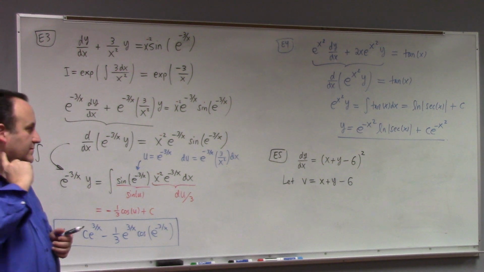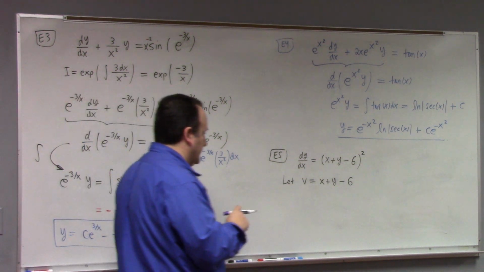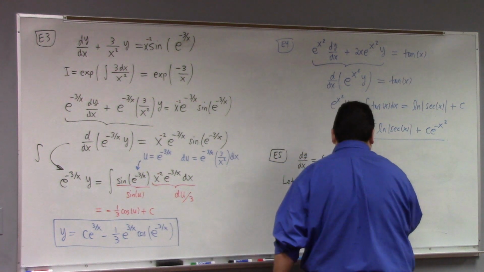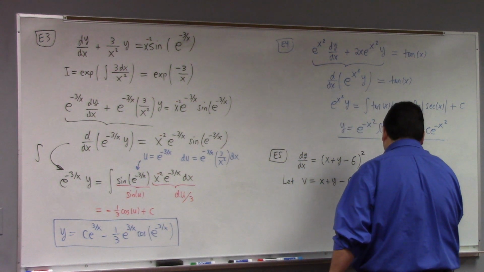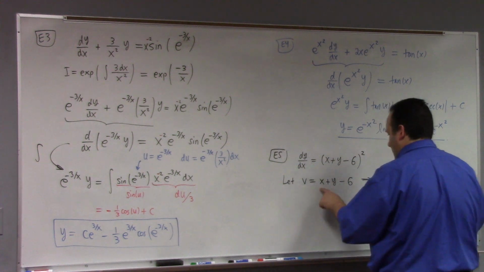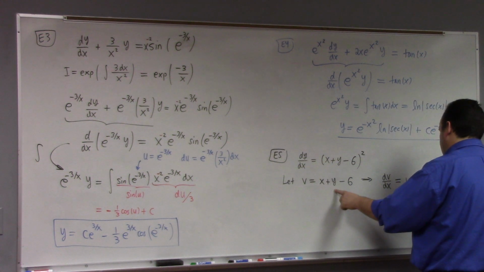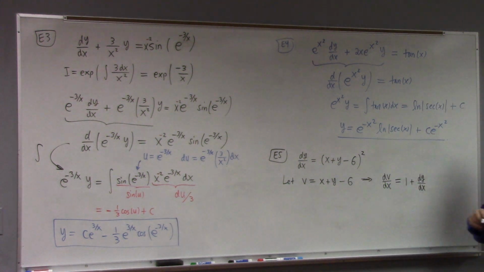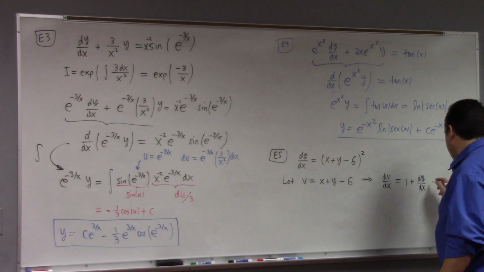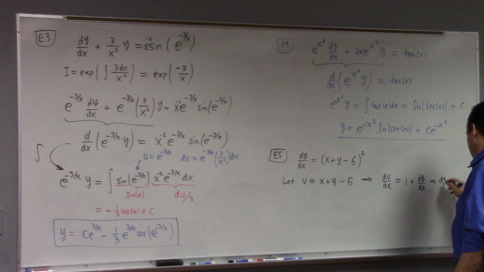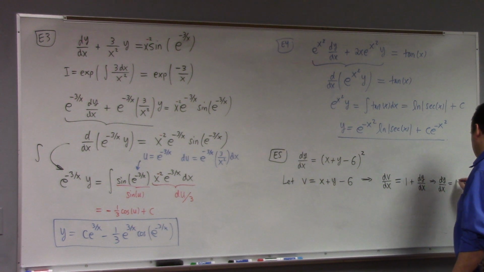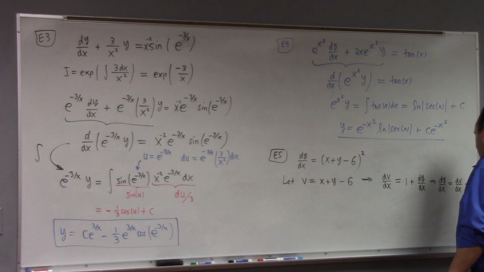If we do that, what's dv dx equal to? One plus dy dx, right? Do you agree? And then we can substitute that in. So dy dx is equal to what? dv dx minus 1. Okay.